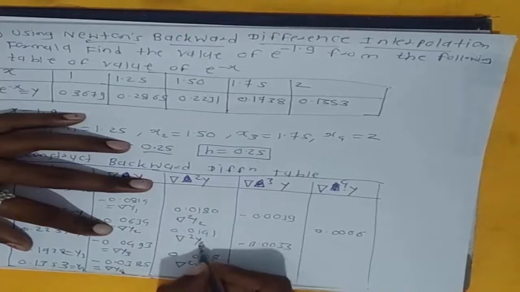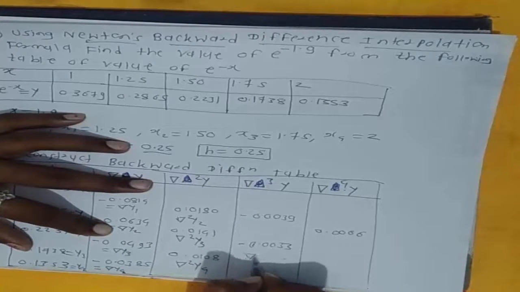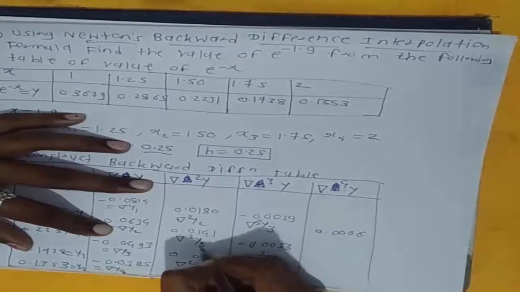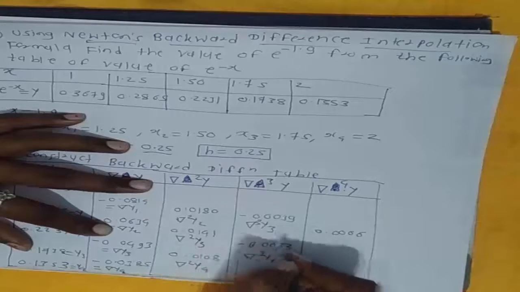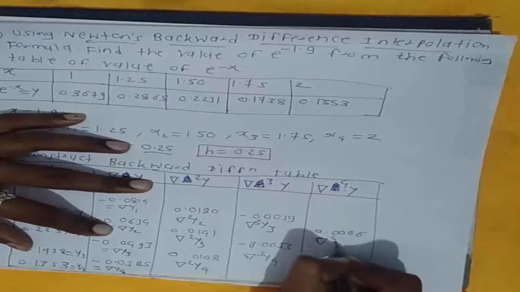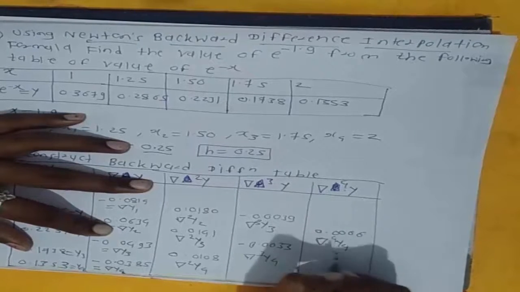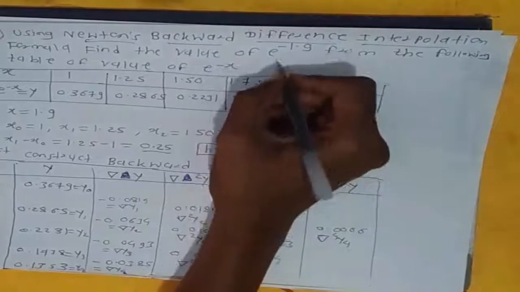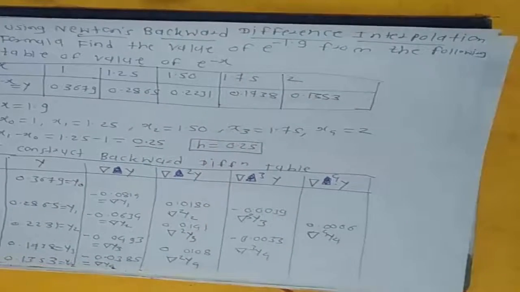Again del square y4 minus del square y3 is del cube y4, and likewise del cube y3, and then del raised to 4 y4. This is how we prepare the backward difference table. Then using this table we have to find the value of e raised to minus 1.9.